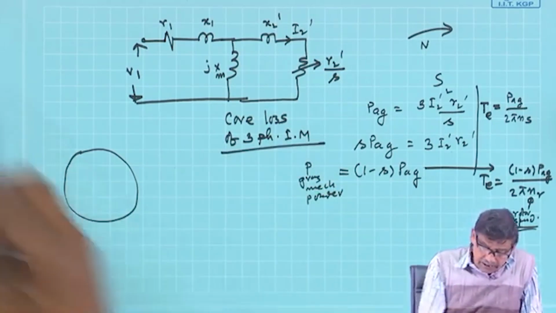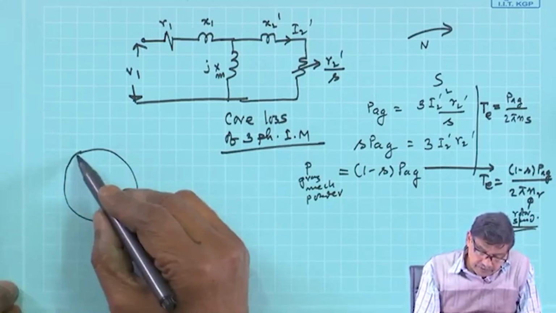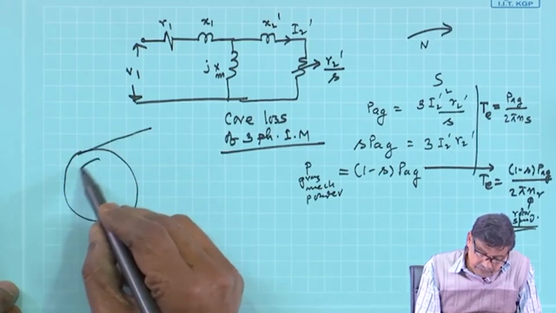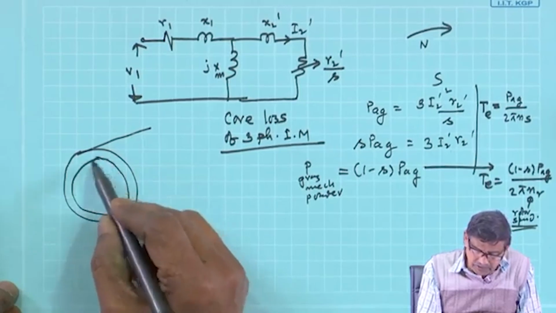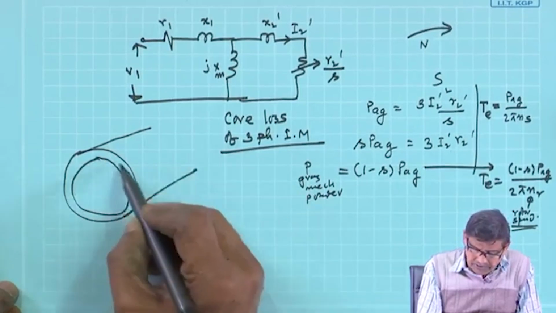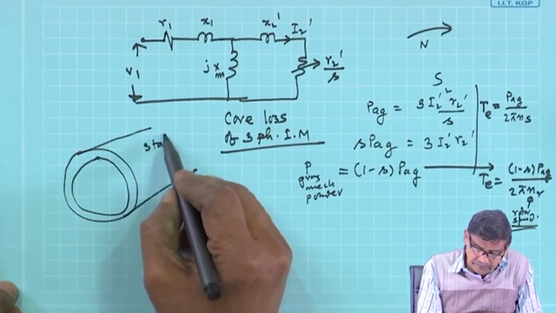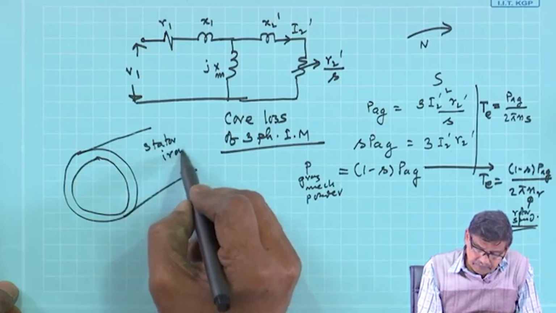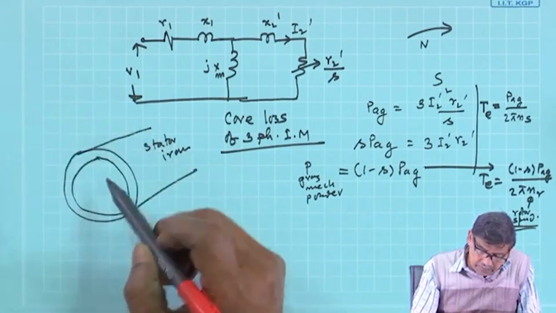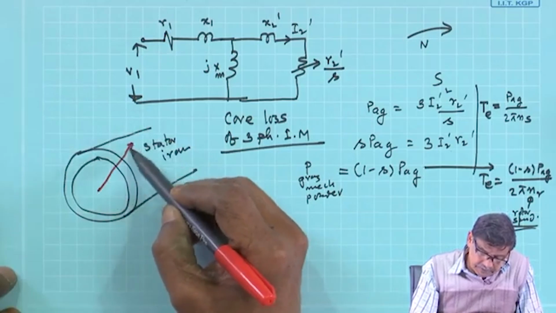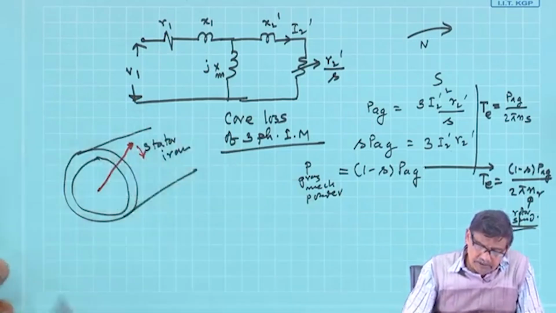Suppose this is the stator iron. I am not drawing the slots, the conductors are here, and here is a rotating magnetic field, it moves.